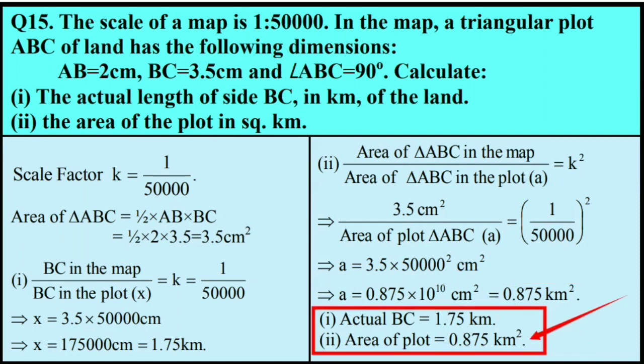Finally, the actual length of BC in the plot is 1.75 kilometer and the actual area of the plot is 0.875 kilometers square.